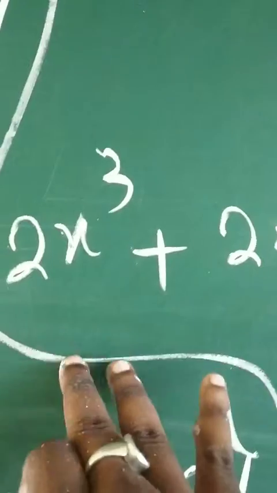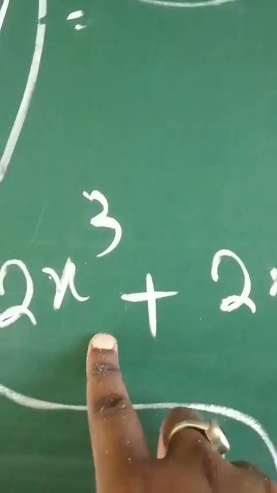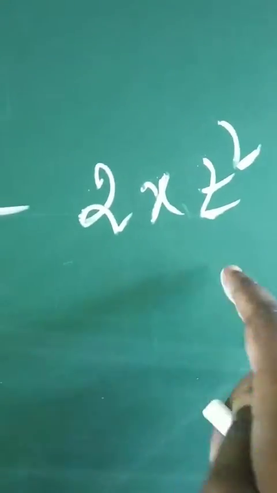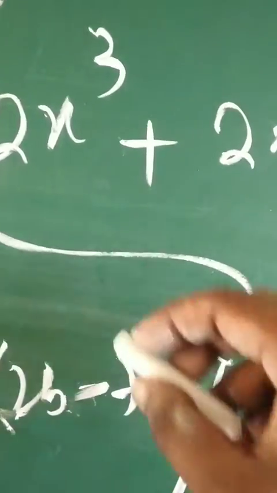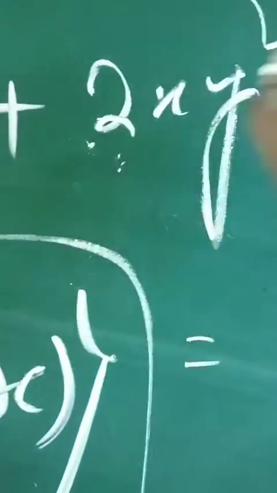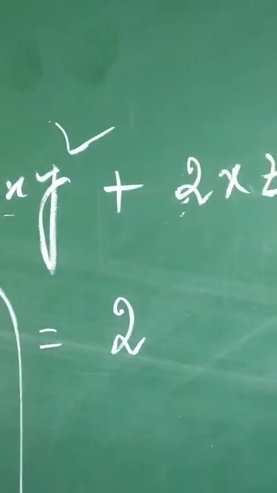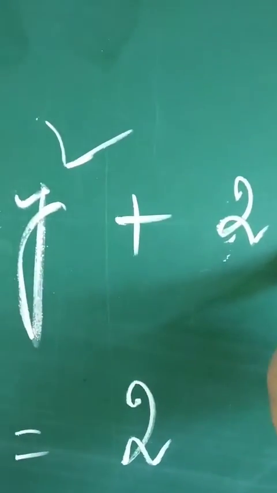Now the next number is number 3. Number 3 is 2x cube plus 2x square y square plus 2xz square. Children, as we all can see, 2 is present in all these 3 terms. So 2 can be taken away from here. And here is x cube, x square and x.